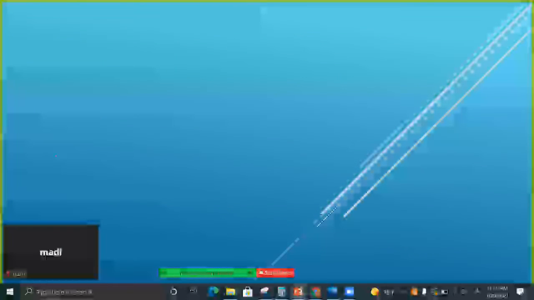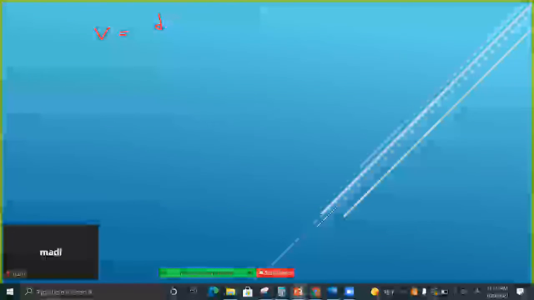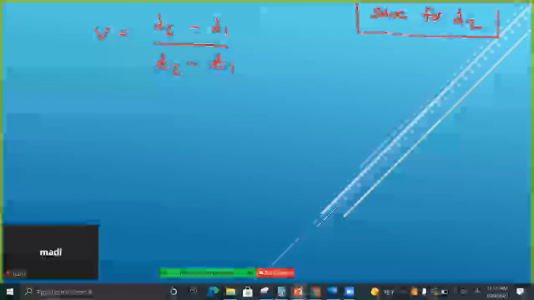Hang on. The original is V equals D2 minus D1 over T2 minus T1. Let's try to solve for D2. I want to get my D2 all alone.